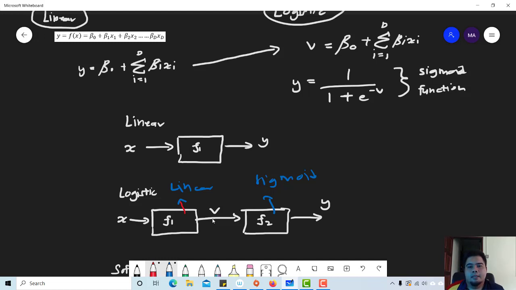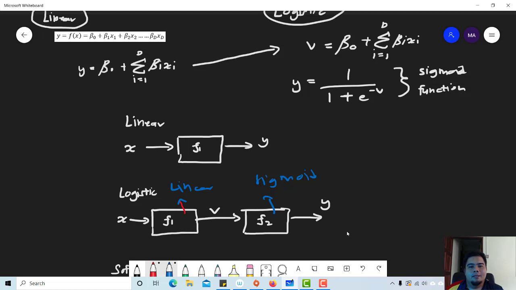And then I think you also had a question about how logistic regression can compute multi-class output. Of course, it cannot do that because of this sigmoid function. The limitation of the sigmoid function is that it only produces binary output, or it can produce two classes of output.